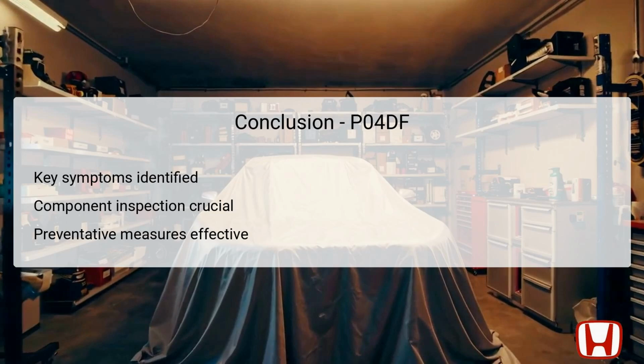Following the methodical troubleshooting steps can lead to precise identification and replacement of faulty parts. Additionally, incorporating preventive maintenance practices can extend the lifespan of the system and enhance vehicle performance. Addressing DTC P04DF thoroughly will ensure the vehicle runs efficiently and remains compliant with emission regulations.